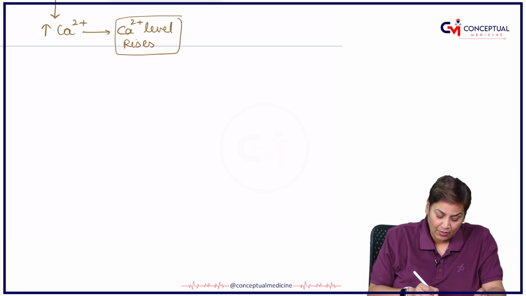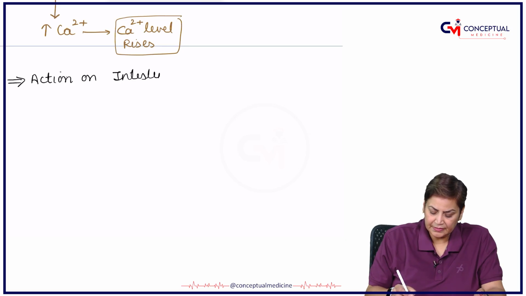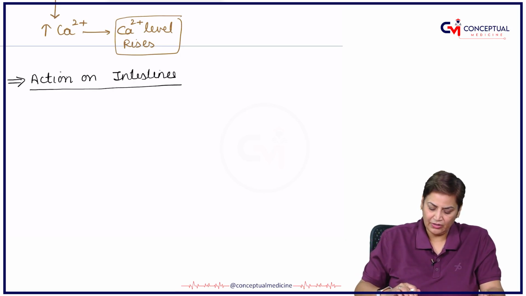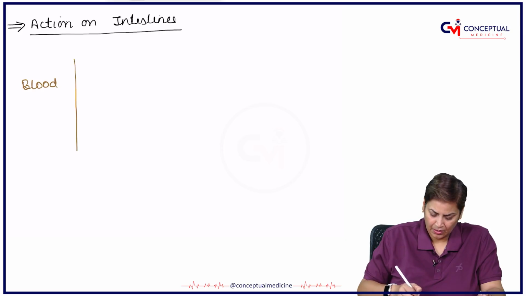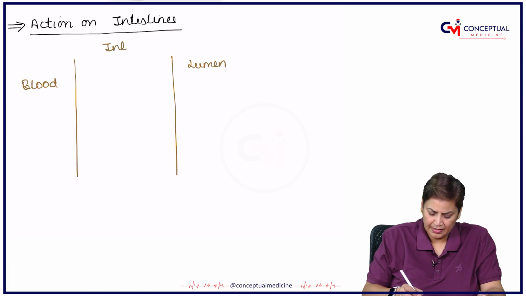So, if we talk about its action on the intestines, how will it work? It will simply take the help of calbindin protein. And how is it going to occur, say this is the blood, this is the lumen, intestine.